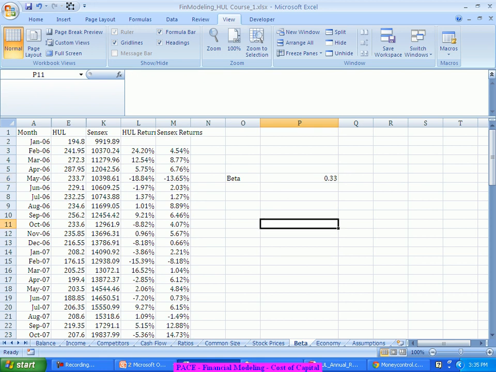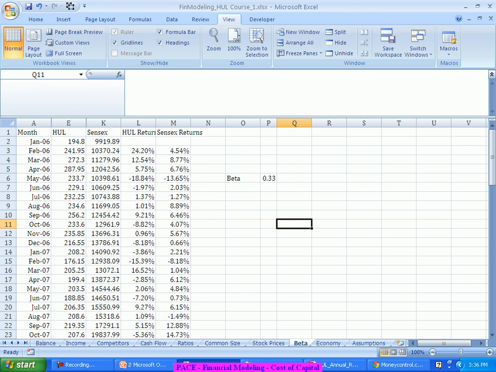Which means for every 1 unit change in the value of the Sensex, HUL is changing by almost 0.33 units. So the HUL is less risky compared to the Sensex.